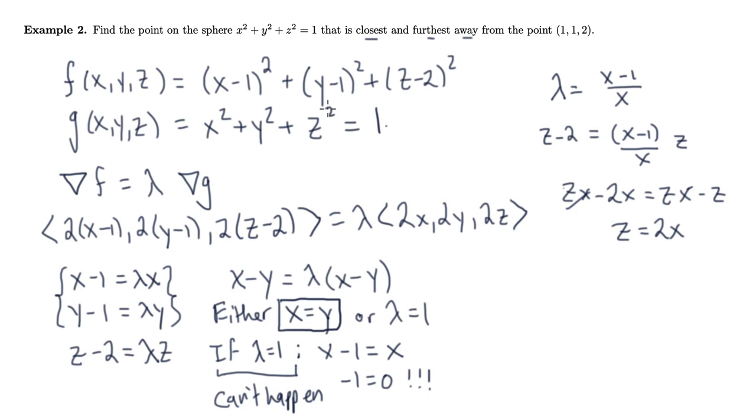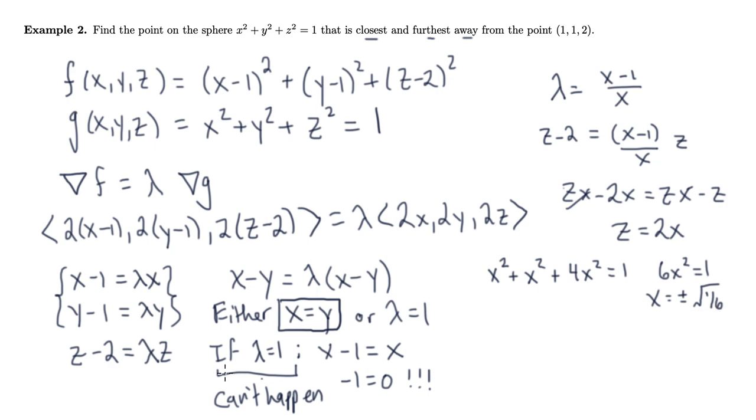So now let me plug all that back into my constraint function. So I have x squared plus y is just x, so another x squared. And then z is 2x, so that's going to be 4x squared when I square z, is equal to 1. Or in other words, 6x squared equals 1, or x is equal to plus or minus the square root of 1 over 6.